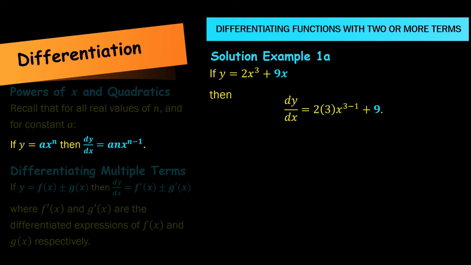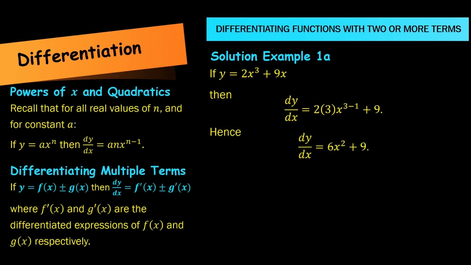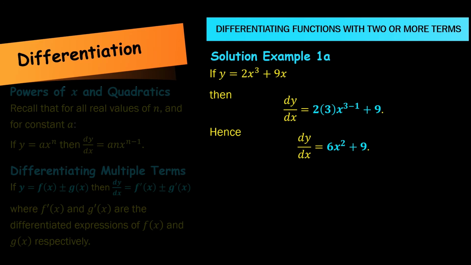Similarly for 9x, here we have that a equals 9 and n equals 1, and we've plugged that in to find dy dx for 9x. Then tidying up gives us dy dx equals 6x squared plus 9.